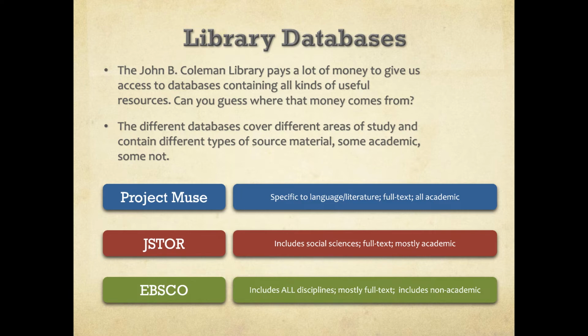But most of the things that it lists, it will provide you with the full text of. But then EBSCO provides a lot of non-academic source material as well. So when we're using EBSCO, we have to be really careful that we're getting the right kind of source material. But it's also really easy to tell what that right kind of source material is. It's got little symbols that indicate, this is an academic journal, right? So we'll look briefly at that too.